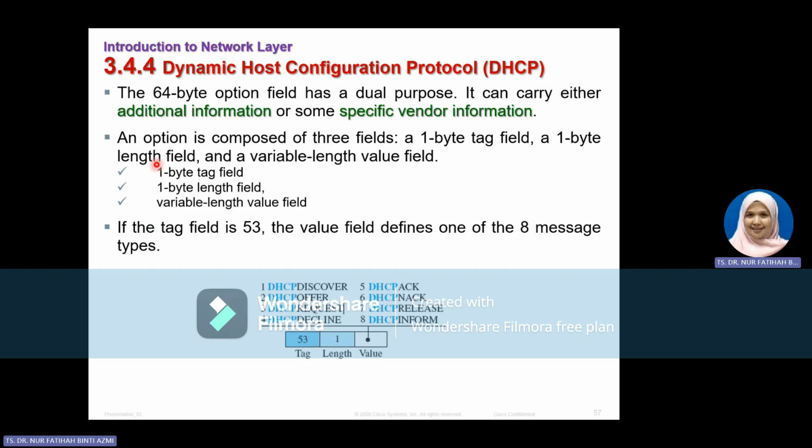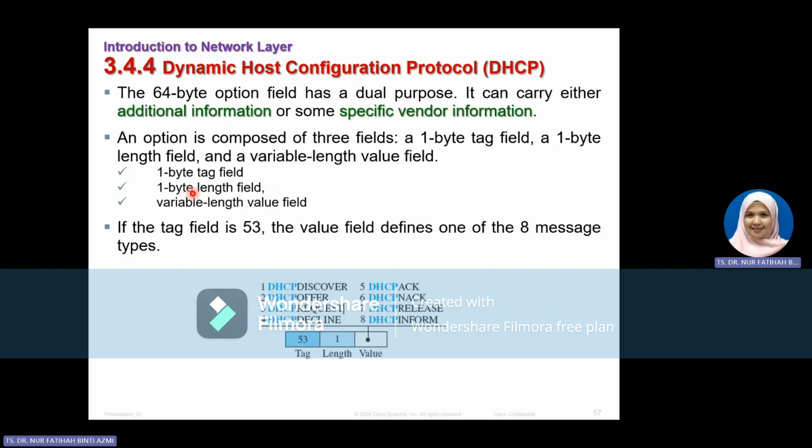Each individual option within the 64-byte field follows a specific structure that is comprised of three subfields. The first one is the 1-byte tag field. This acts as a unique identifier for the specific option being included. It will tell the DHCP server or client what kind of information the subsequent bytes represent.